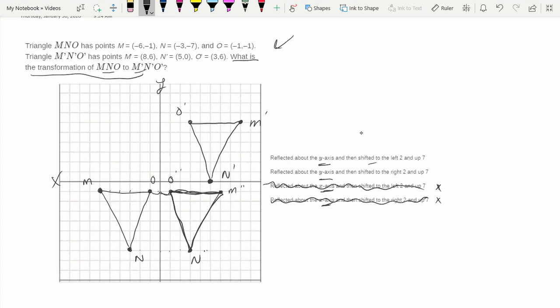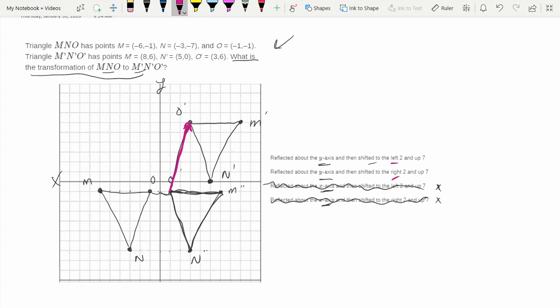Now I can see that it's going to be a pretty simple shift to go from there to there. So let's go ahead and draw the vector. I'm going to choose O to O prime. Let's draw it in another color. So I've got to figure that vector out now. It tells me left or right first.